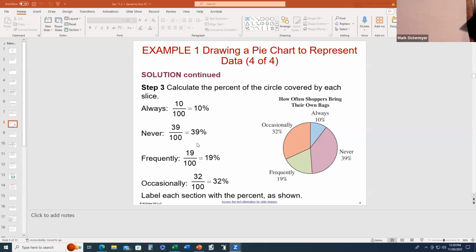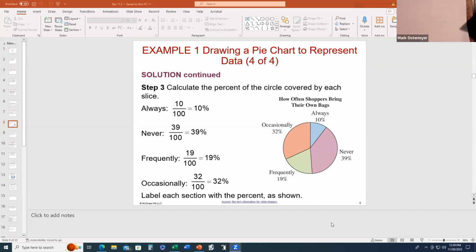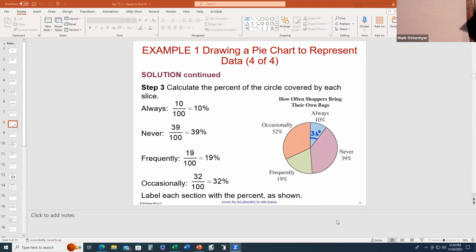And so the always category will be a slice that has a measure of 36 degrees. So this angle here is going to be 36 degrees. That represents the always category. The never category consumes 140.4 degrees.